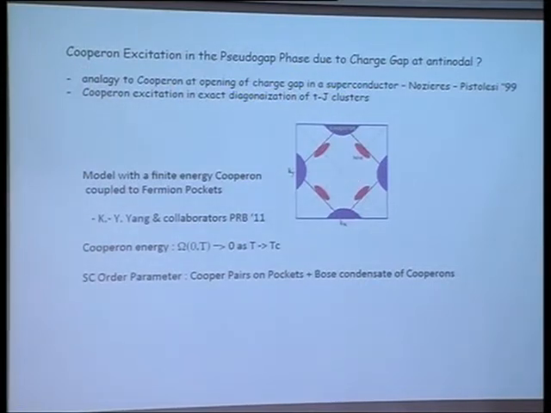So if you would get a picture like this, and a model like that was actually analyzed by Kai-Yu Yang using sophisticated Monte Carlo methods earlier this year, a model with pockets coupled to a finite energy Cooperon.